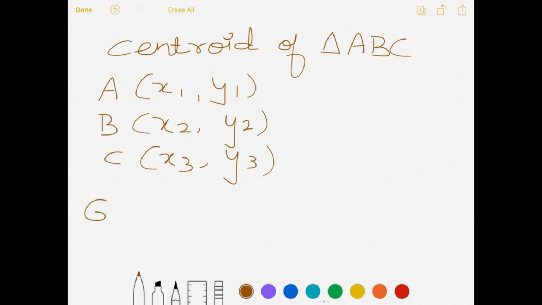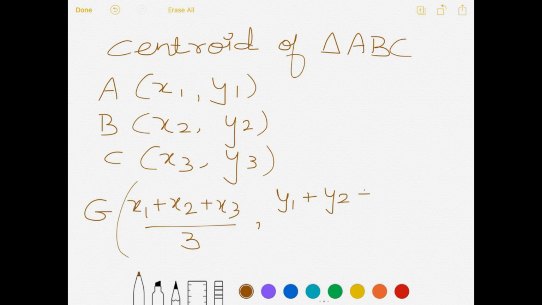Then the coordinates of the centroid, it is represented with a G, will be ((x1 + x2 + x3)/3, (y1 + y2 + y3)/3). So this is the quick revision of all the formulas that are important in coordinate geometry.